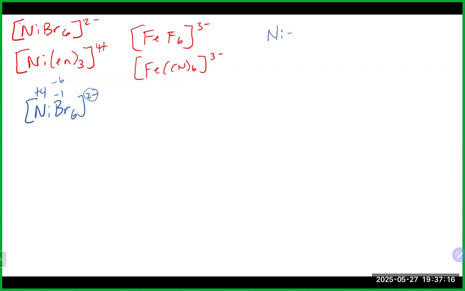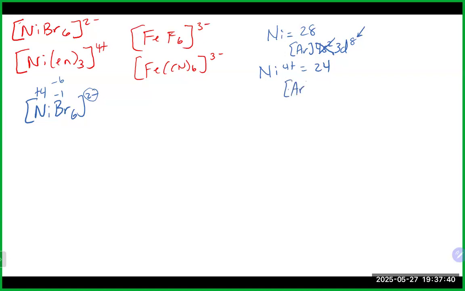Again, if we look at nickel on the periodic table, that's 28, which gives us argon 4s2 3d8. Our nickel with a +4 charge, as we drew earlier on, we're going to lose our s electrons first, and then we're going to lose a couple out of the d.